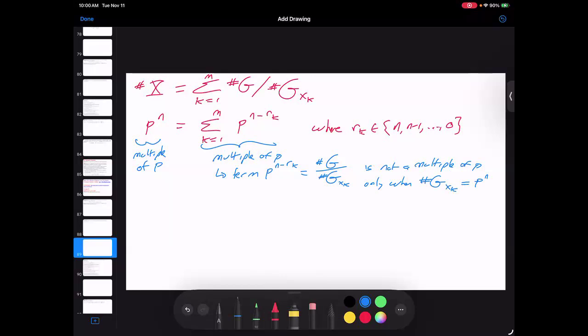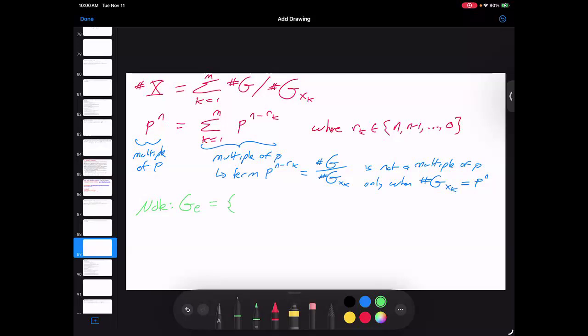Is there any element that has a stabilizer of size p to the n? Can you think of any element? As soon as I ask you, can you think of any element, what element should you be immediately thinking about? The identity. I'm not even listening to what else you're saying. You just said, can I think of an element? Identity. It's the only thing that you can try. So note, what is the stabilizer of the identity?